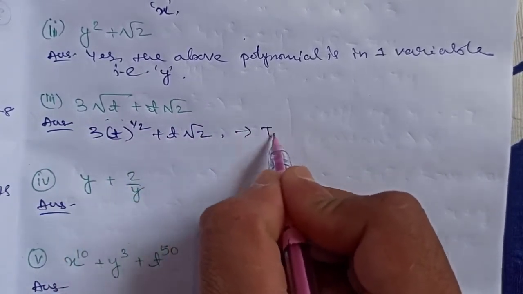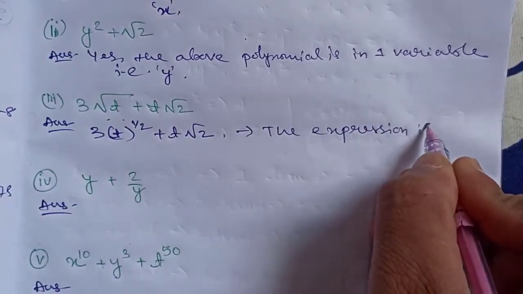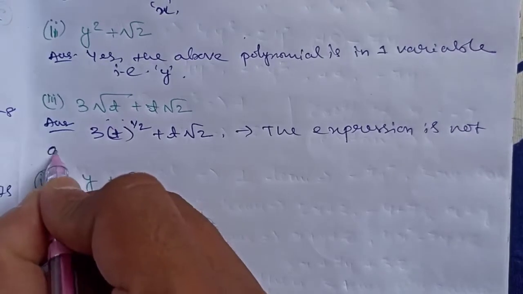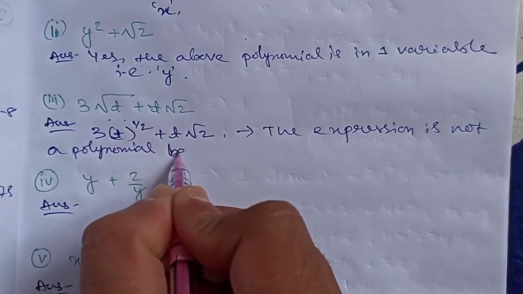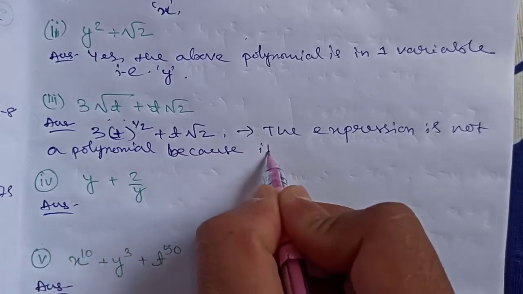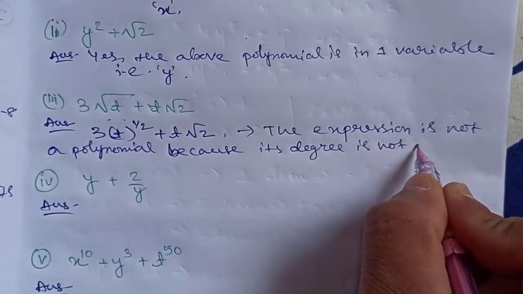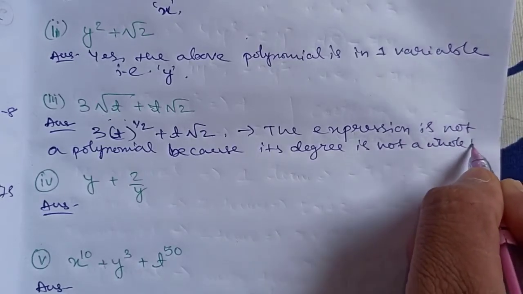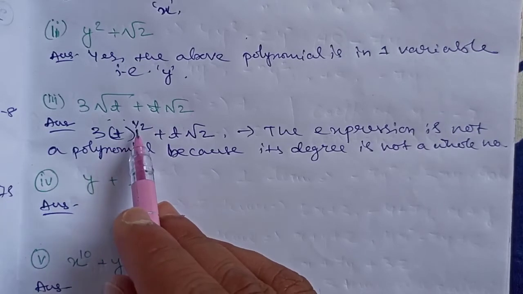The expression is not a polynomial because its degree is not a whole number. Getting? This equation is not a polynomial because the degree of t is half.